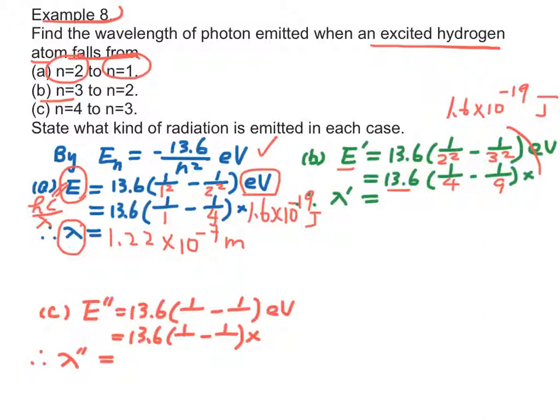Using similar methods, we find that the wavelength of photons emitted lambda' equal to 6.58 times 10 to the power negative 7 meter.